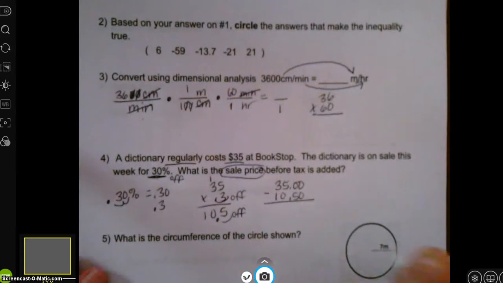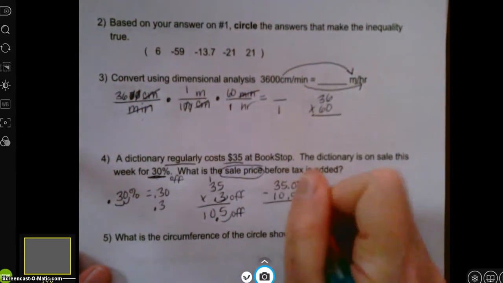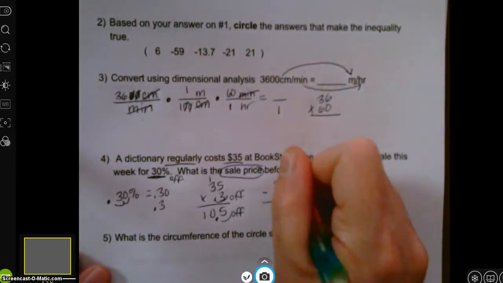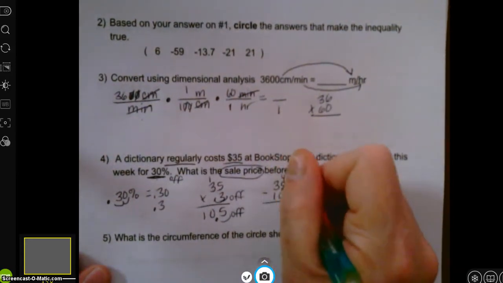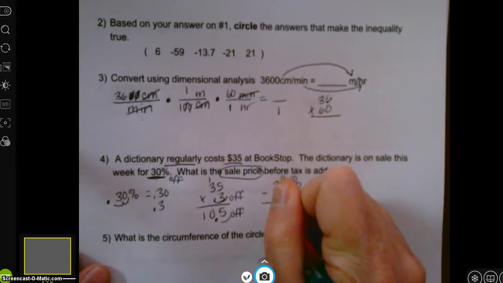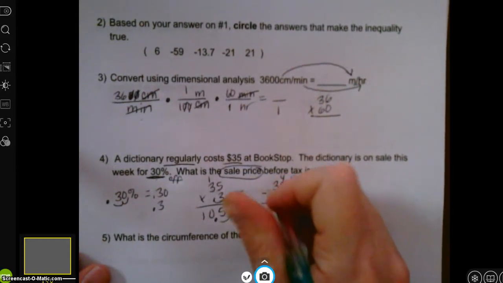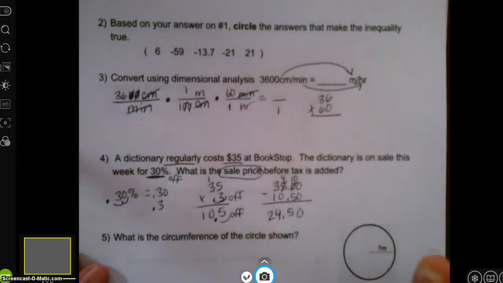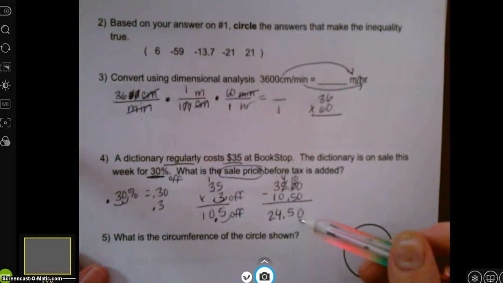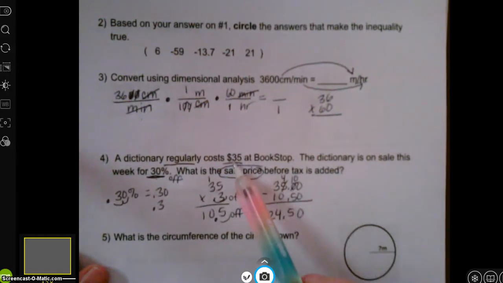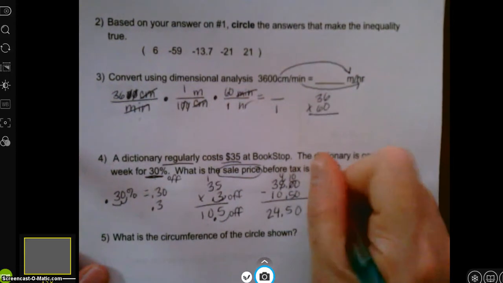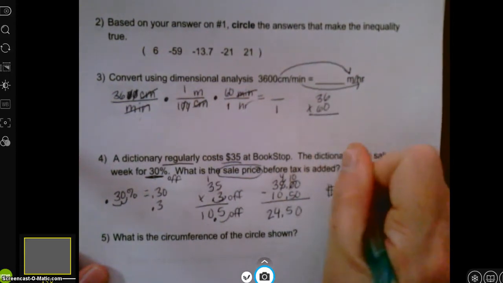Okay. So 0, the 0 becomes a 10. 10 minus 5. Decimal. 3 minus 1, 2. So a couple things I look for is reasonableness. It was 35. I took off about $10, so my answer should be about $25. $24.50. That sounds like a good answer.